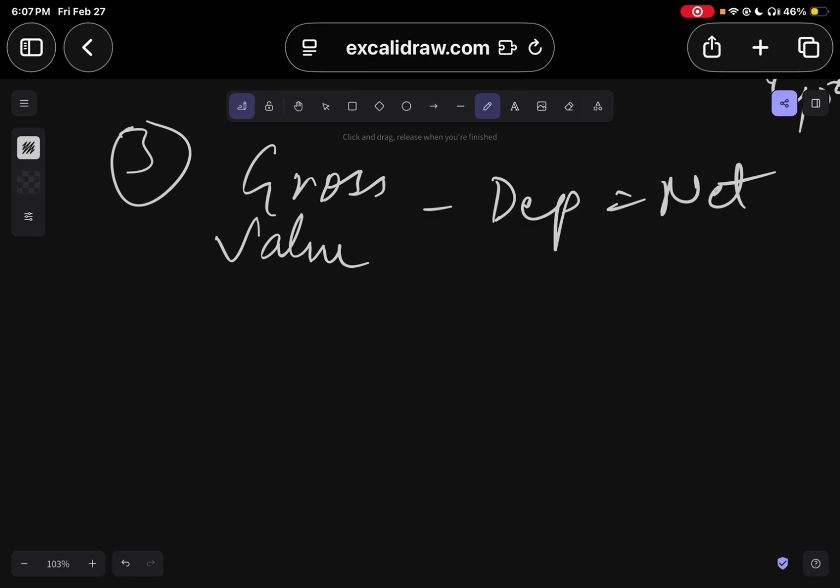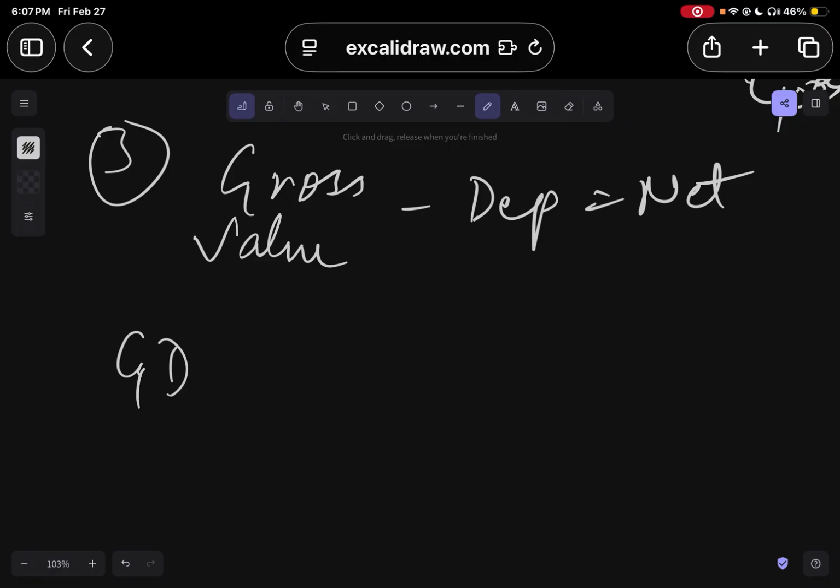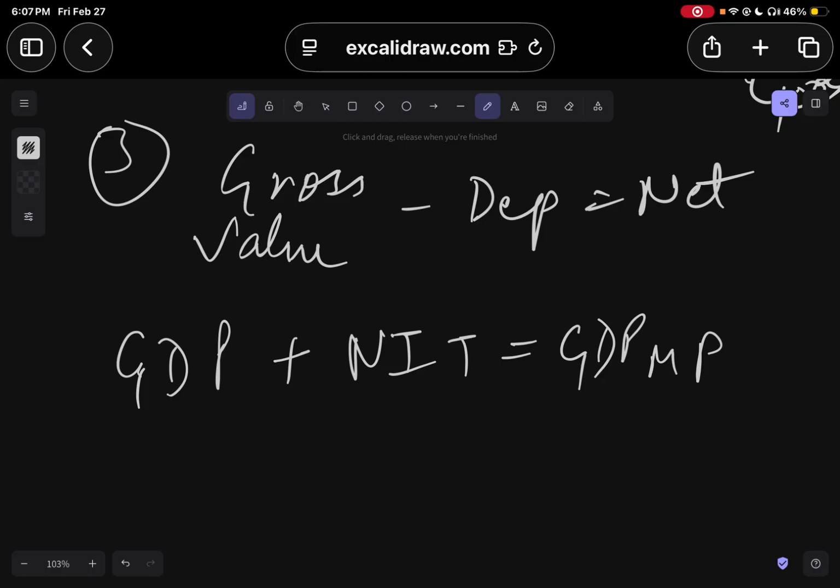When GDP includes the value of net indirect tax, it is called GDP-MP. If value of net indirect tax is subtracted from GDP, then we have GDP at factor cost.